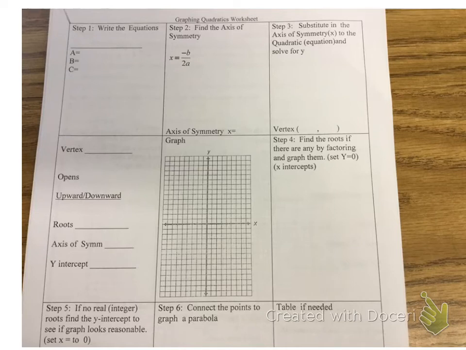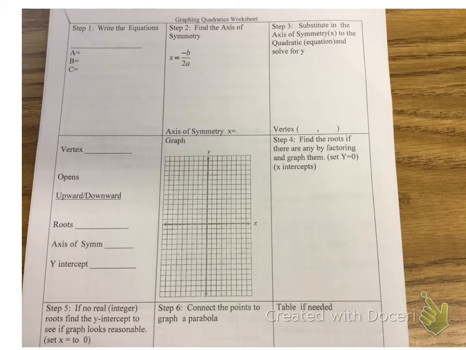Now tonight for homework, the first 2 pages are just worksheets for you to practice. The back sheet is homework. If you feel like you need this worksheet to do your homework, I'll upload this to Jupiter Grades. Okay, and you can download more of them.